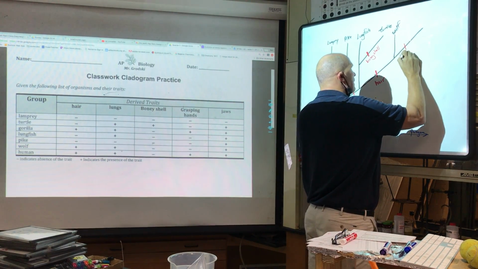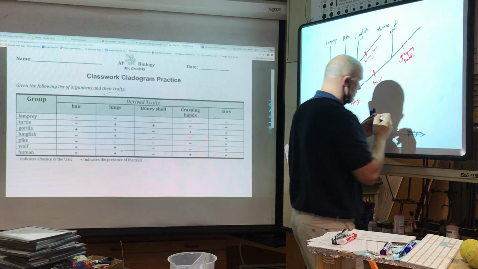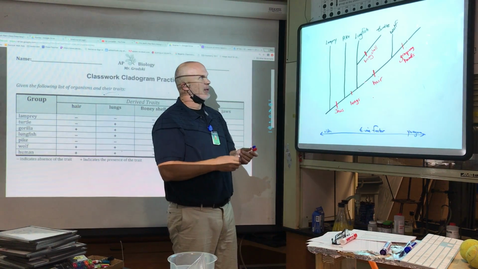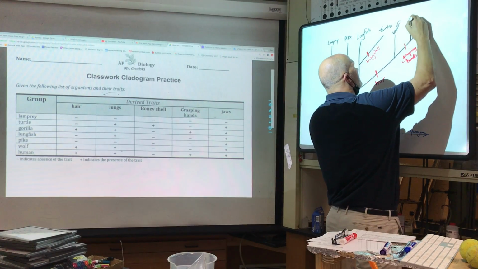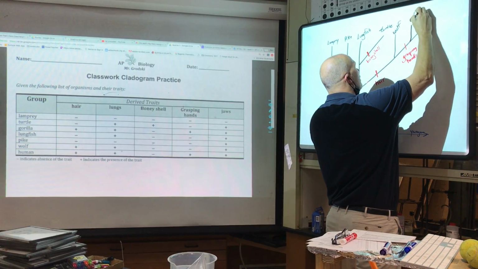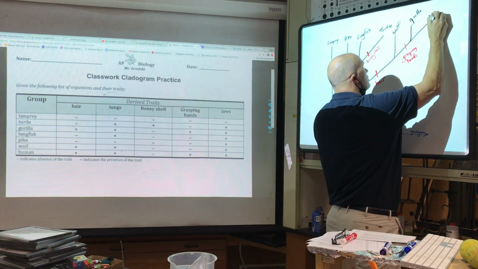I can put the grasping hands here. Okay, grasping hands. So this is the gorilla. And then, of course, at the end here is the human.